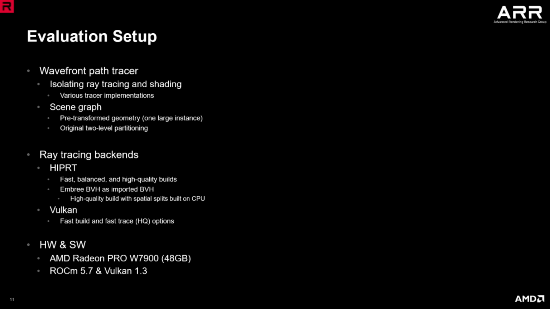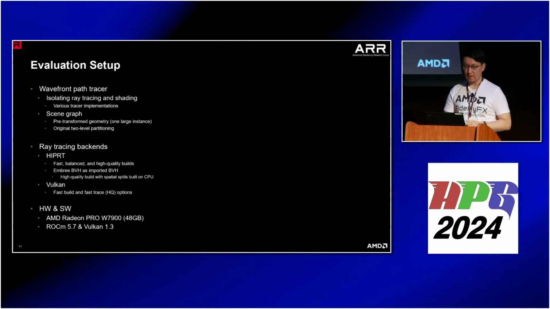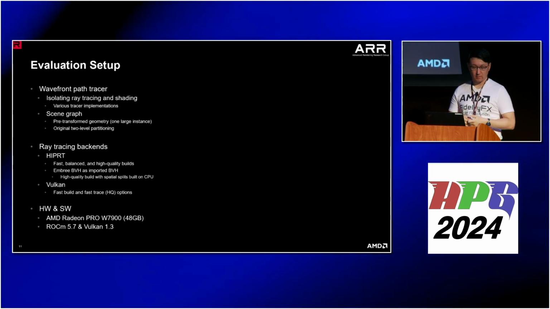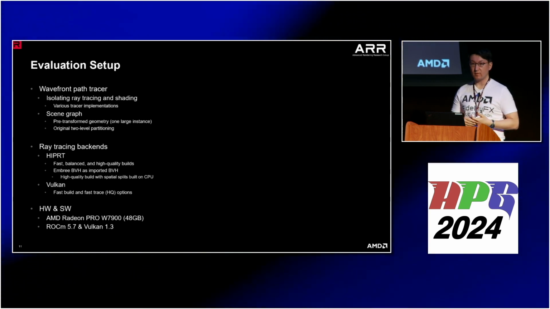And we have 2 ray tracing backends. One is HIPRT with our 3 options, and also to demonstrate the custom BVH import feature, we built the BVH using Embree on CPU with high quality setting and spatial splits, and then we import it through this API to HIPRT, which, besides demonstrating this feature, is also a very good reference method.